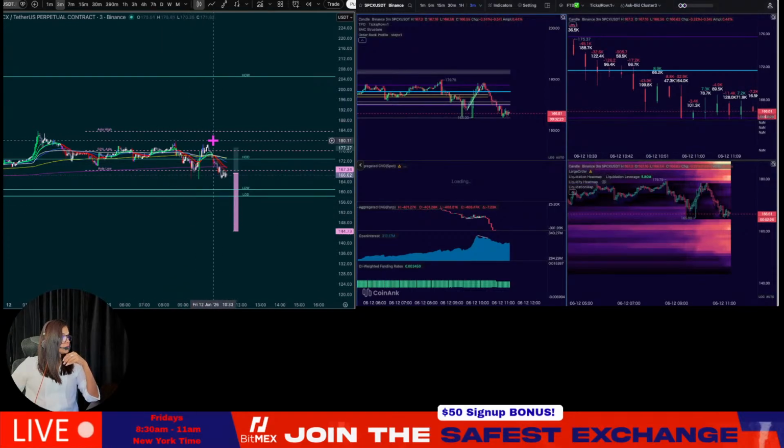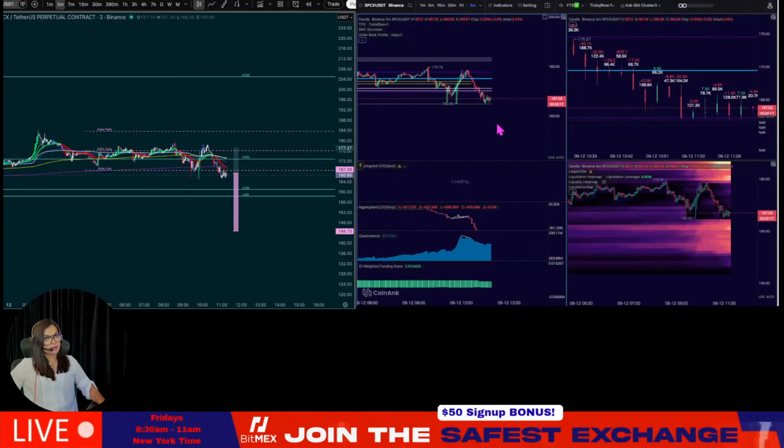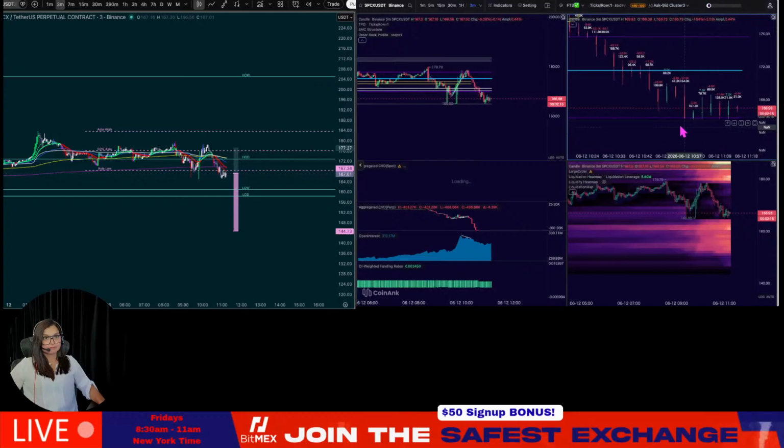What I'm looking to do is move my stop loss to break even as soon as possible because I don't really want to trade this for too long, especially into the weekend.